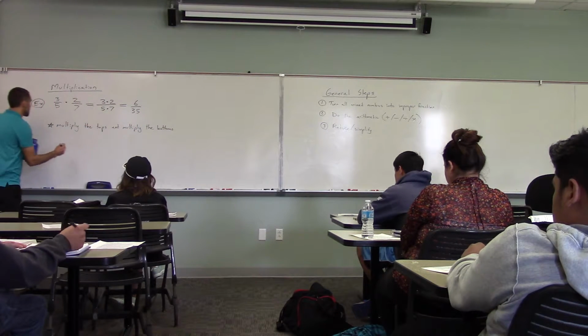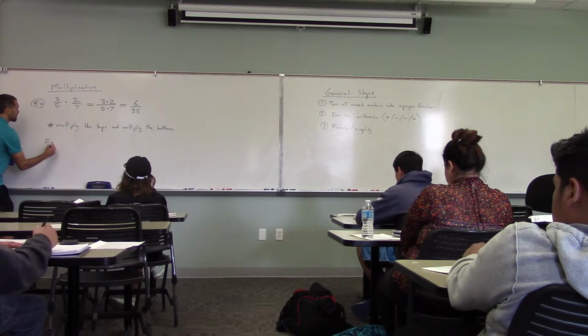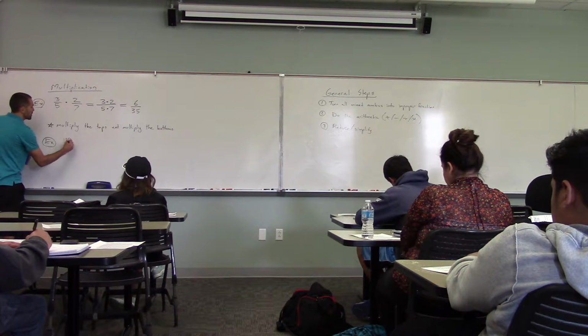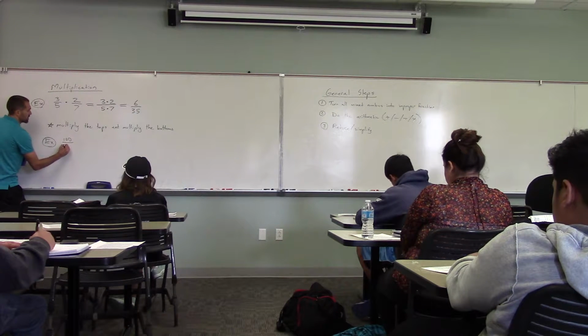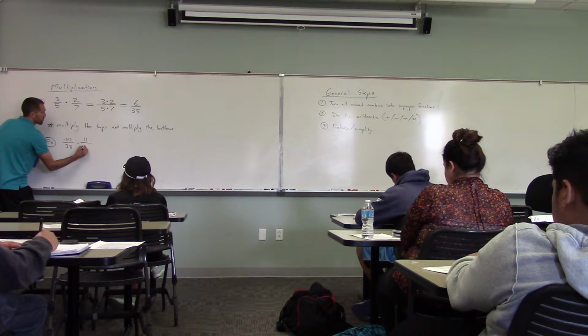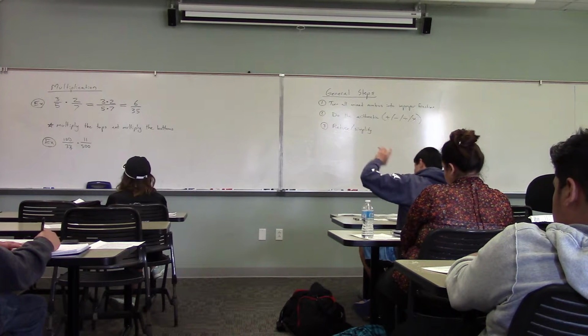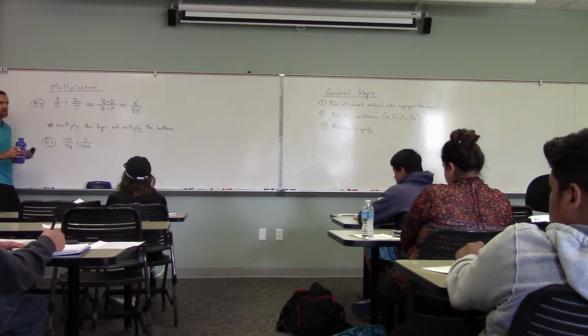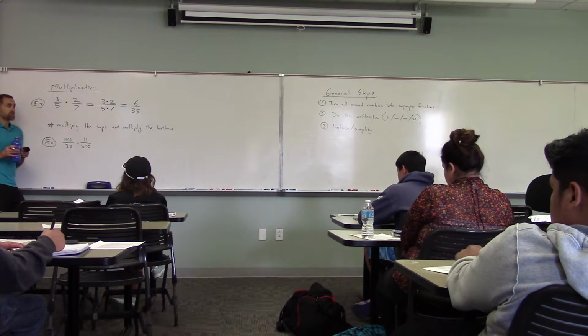Okay. And so the second example is, what if we have something like 100 over 33 times 11 over 500? Well, you don't want to multiply those out and figure out how they cancel, so you can cross cancel.